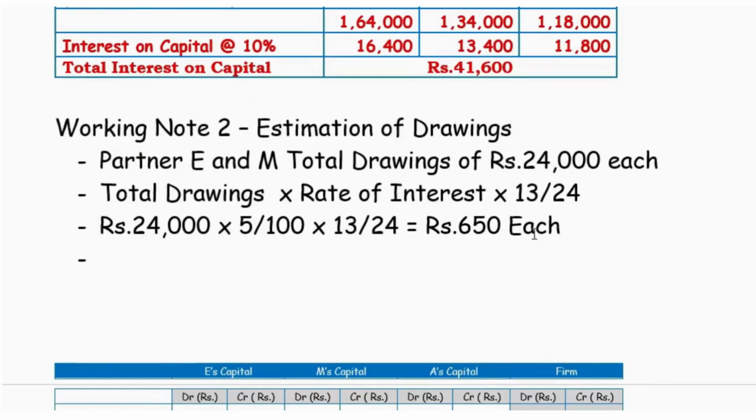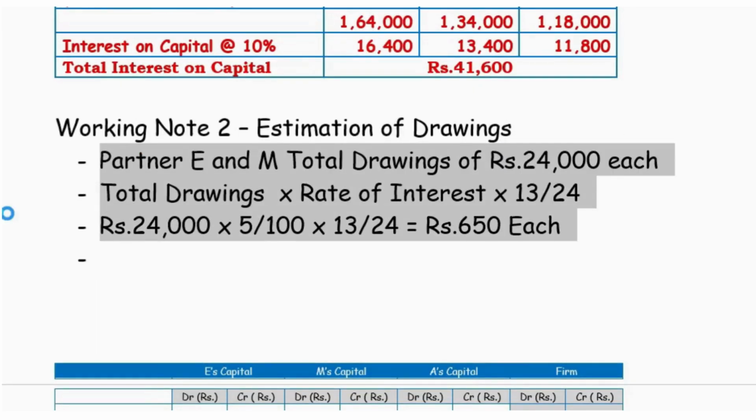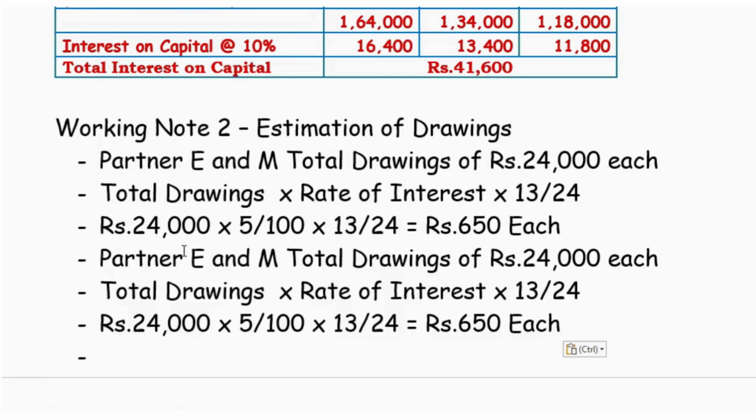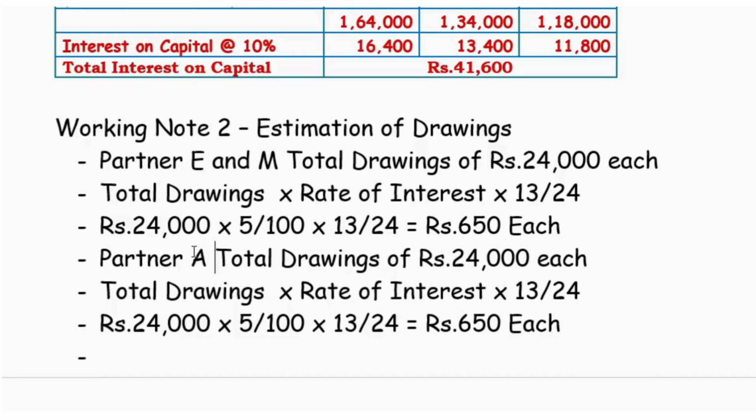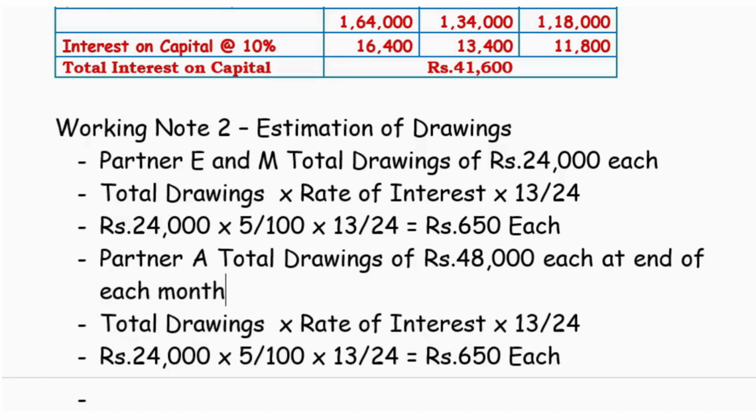Then the next situation is partner A. Partner A made total drawings of rupees 48,000, but he made the drawings at the end of each month. So there is a change in the formula component.